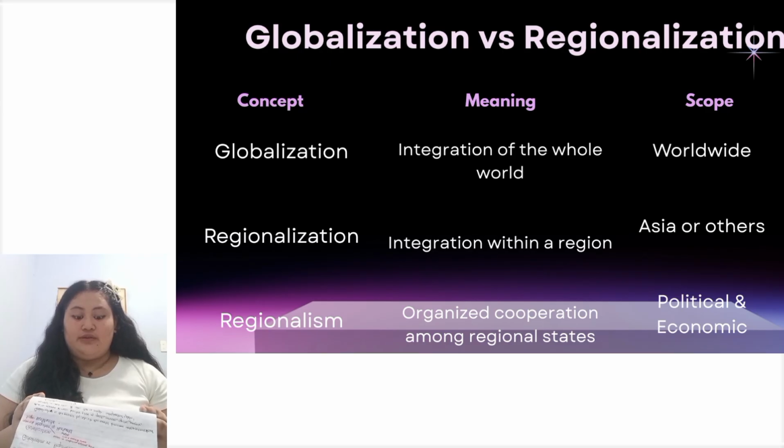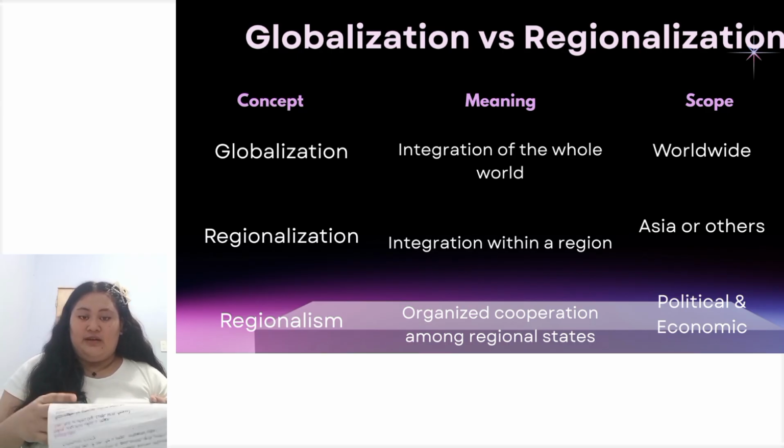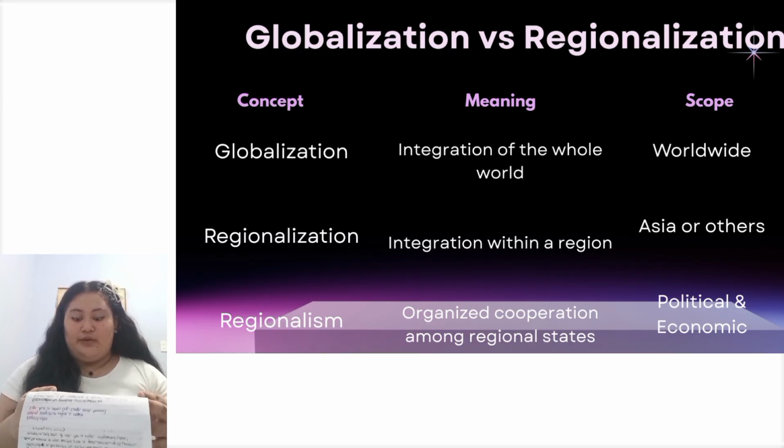Regionalization is the concentration of economic activities, trade, and cooperation within a specific geographical area or region, like within one continent such as Asia. You trade, export or import, only with your neighboring countries, like Japan, Korea, China, and so on.